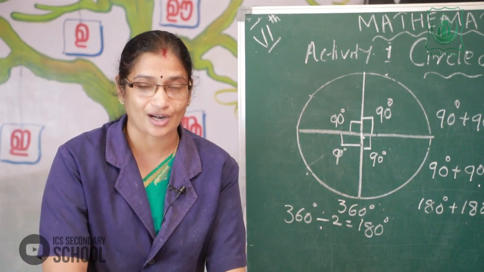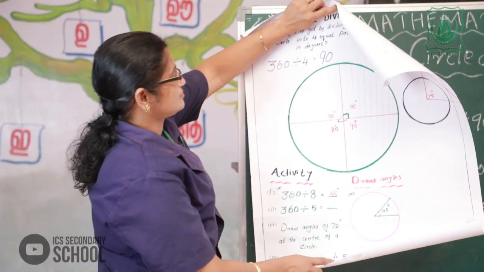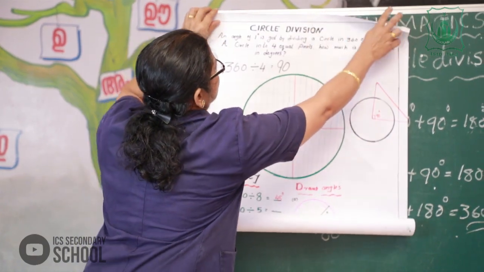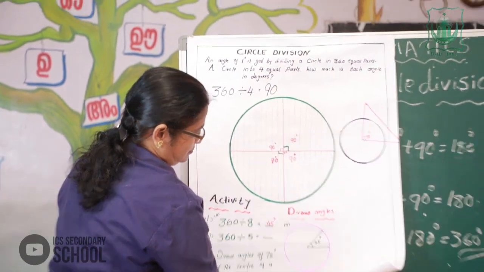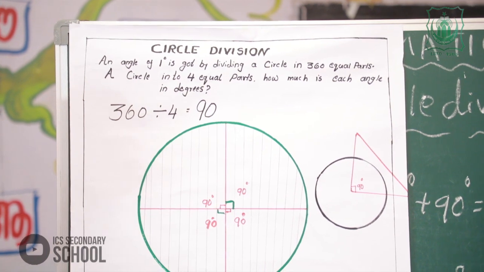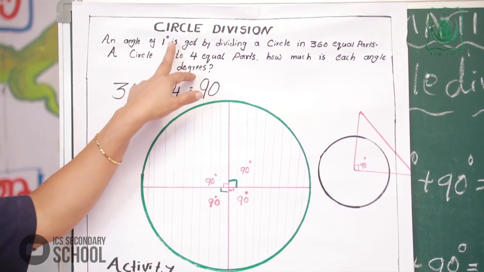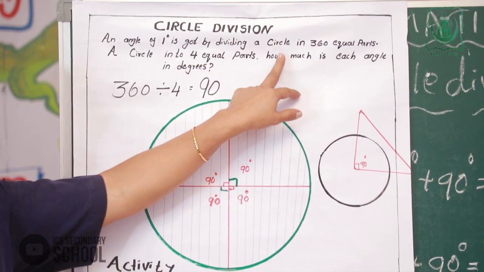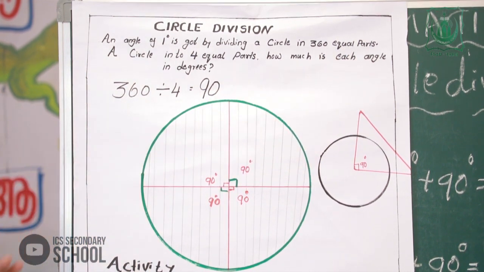I will show the chart. Listen here. Circle division. An angle of 1 degree is got by dividing a circle into 360 equal parts.